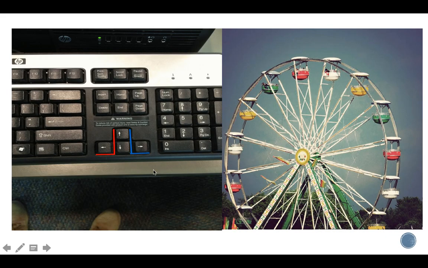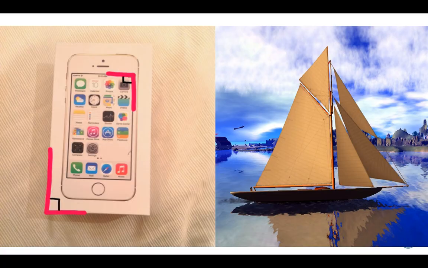The same way you might have seen this angle, right? Now you might have seen the box of the mobile phone, right? It also makes an angle. Then you might have seen this kind of thing, your chart, correct?